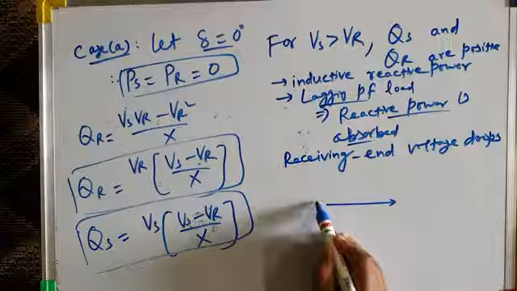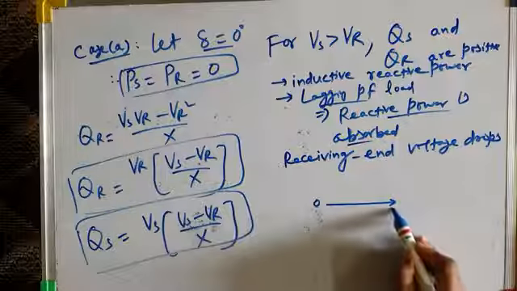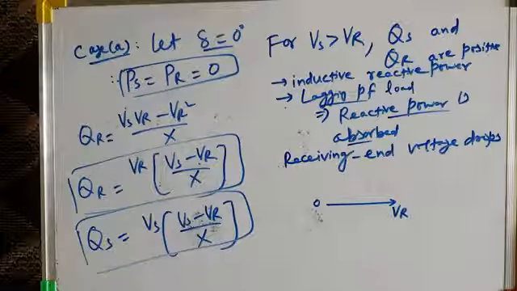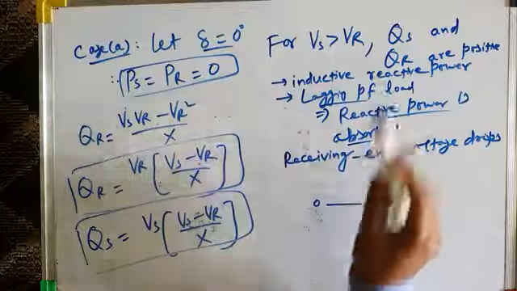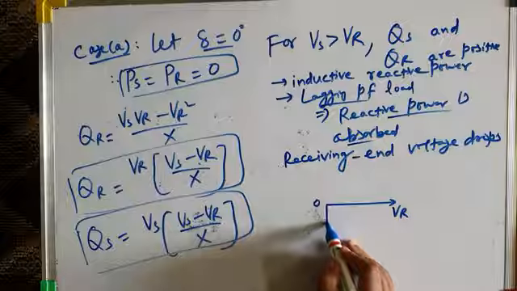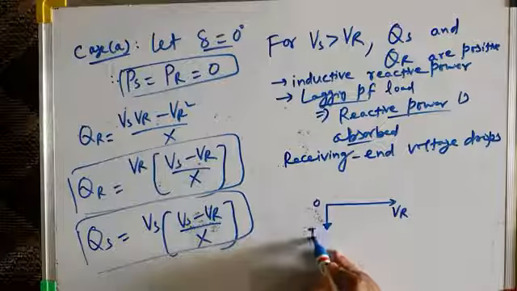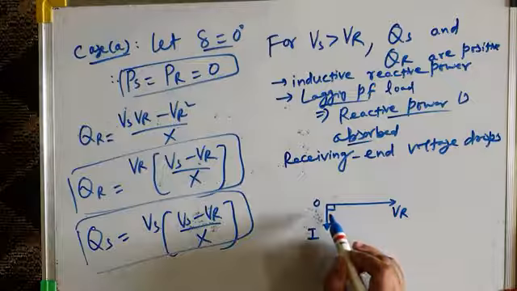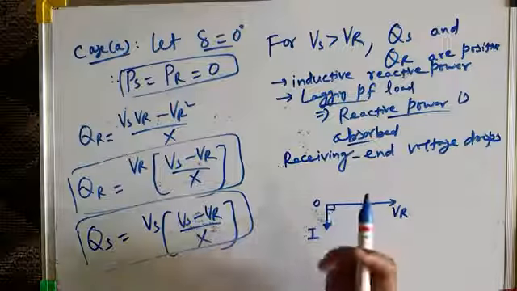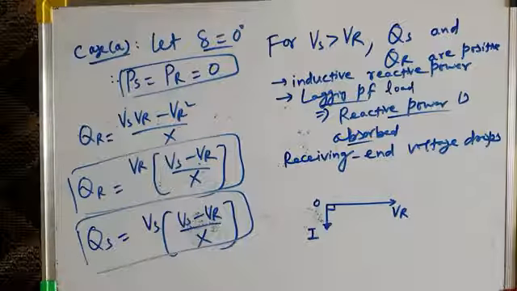Let us suppose this is receiving end voltage, take it as a reference, and let us consider this situation, reactive power positive. Positive reactive power means current is lagging behind the voltage by 90 degrees. That means your load is purely inductive in nature. Your load demands reactive power, it's absorbing reactive power.